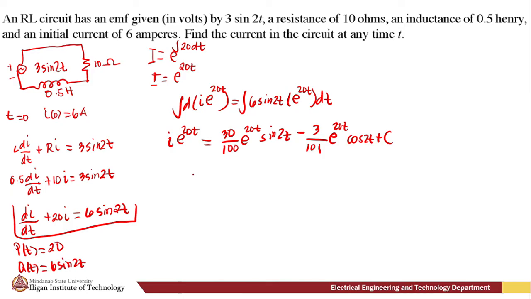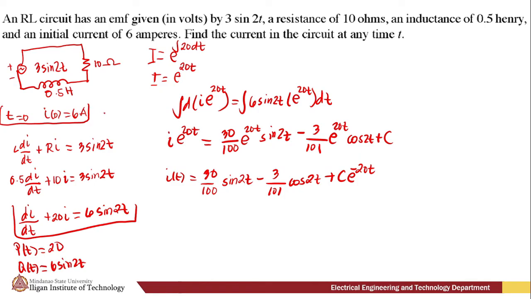Dividing the whole equation by e^(20t), we have i(t) equals 30 over 101 sine 2t minus 3 over 101 cosine 2t plus c e^(-20t). Now, to find the value of our arbitrary constant c, we apply our initial condition: at t equals 0, the value of our current i is 6.